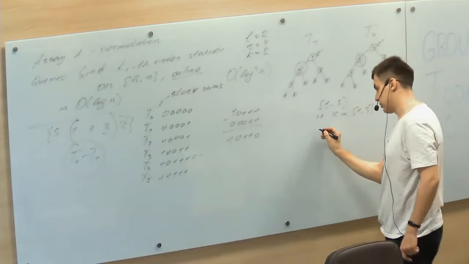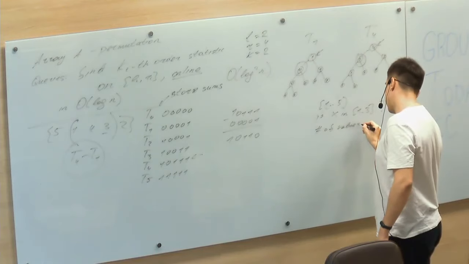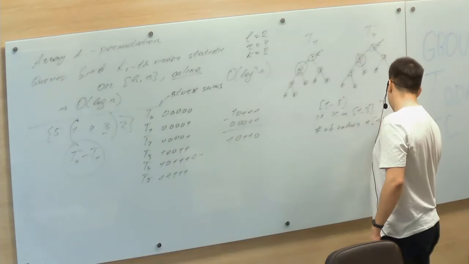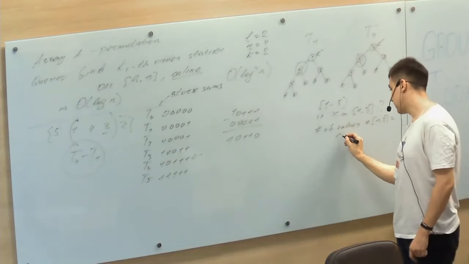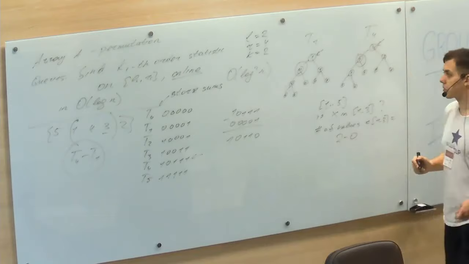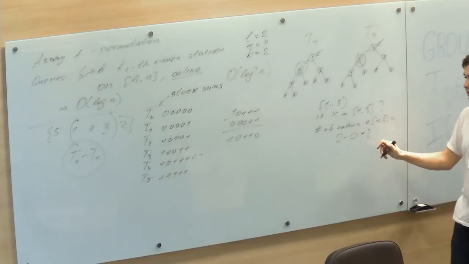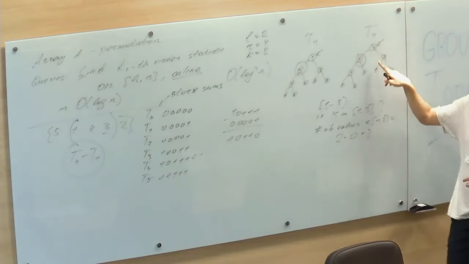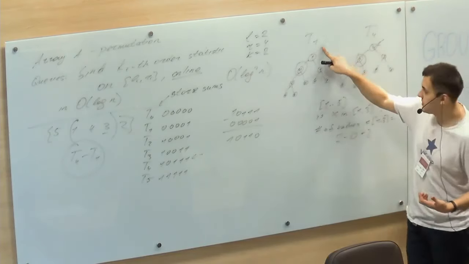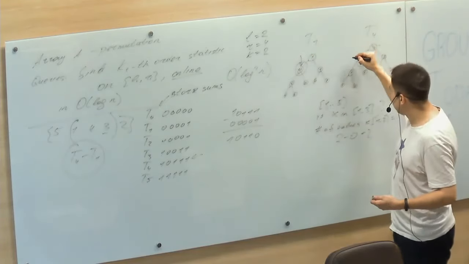The number of values from 1 to 3 is 2 minus 0, which is 2, and k is equal to 2. That means that the kth order statistic is somewhere in the left tree. So now we will move down to the left, here and here.